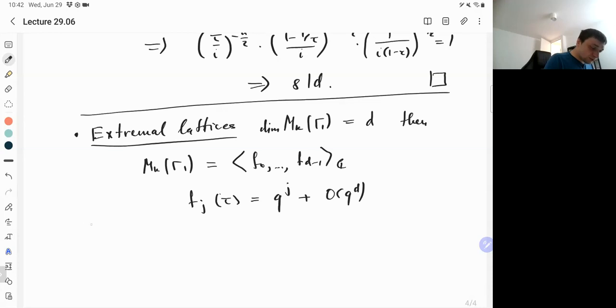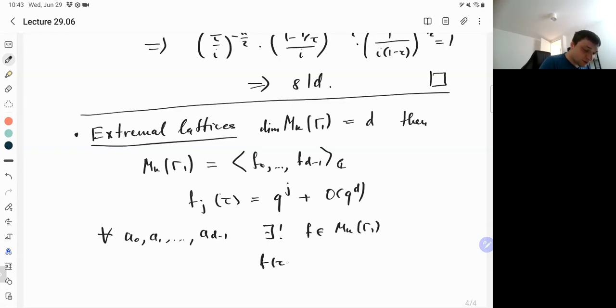And what this tells you, in particular, is that for any a0, a1, up to a d minus 1, there exists a unique function in M_k,1 which has the initial terms in the Fourier expansion given here.